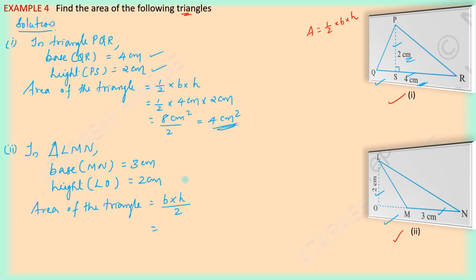That is equal to, here base is 3 centimeters into height is 2 centimeters divided by 2. That is equal to 3 2s are 6 centimeters square divided by 2. That is equal to 6 divided by 2, it is 3. That is 3 centimeters square. So area of this triangle is 3 centimeters square.